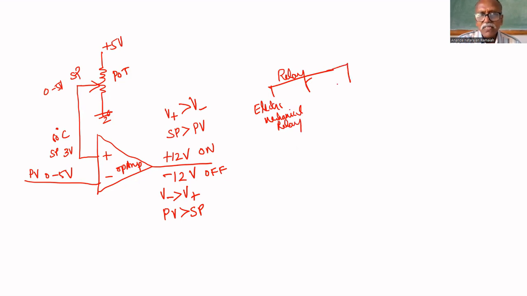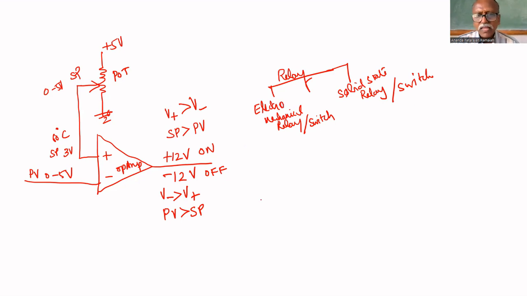Another one, nowadays, is available in solid state. Solid state relay is available, or you can call it a solid state switch. Relay or switch. In the lab, we are going to use the old one, the electromechanical relay.